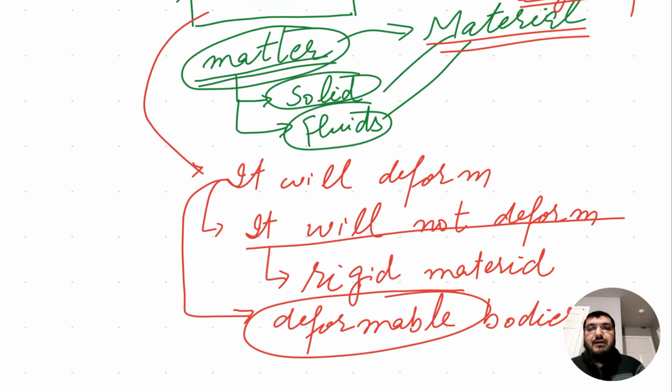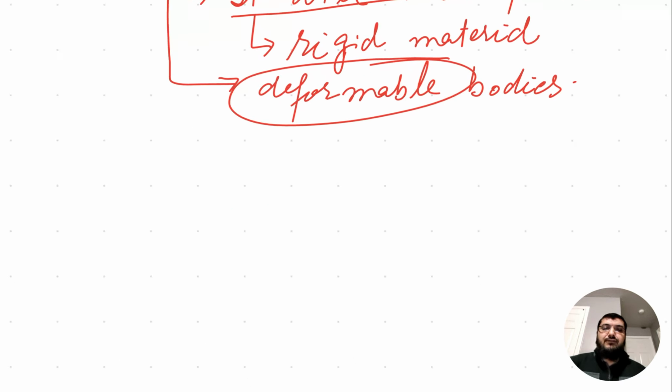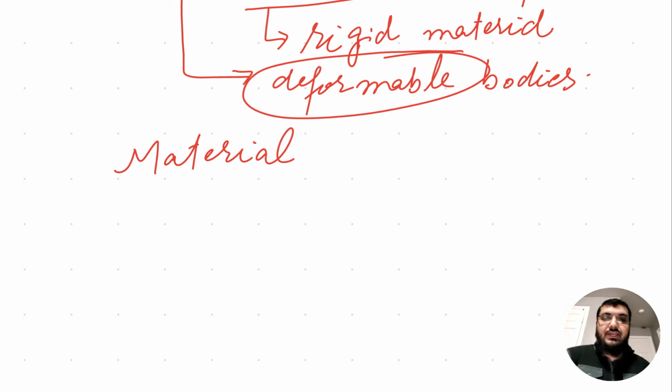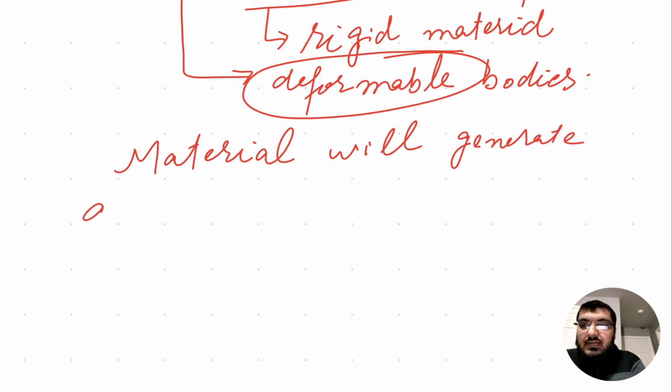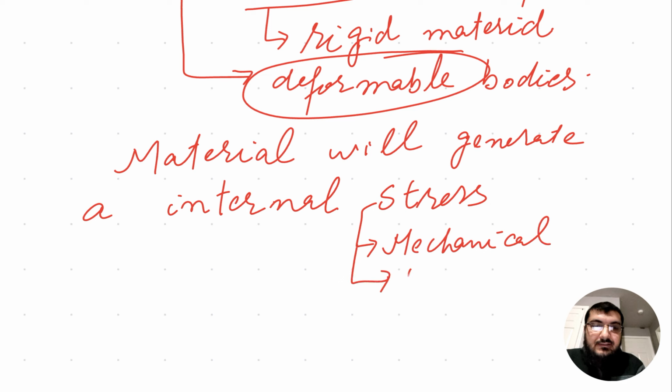If a material is deformed under the loading, then as a result of this deformation, or rather as a result of applying the loading, the material will generate internal stresses, and stresses can be mechanical stresses or thermal stresses.